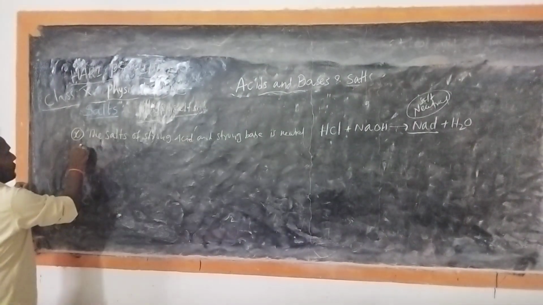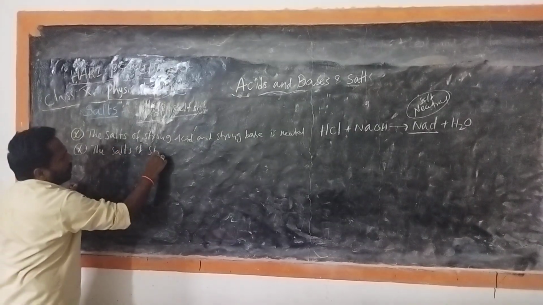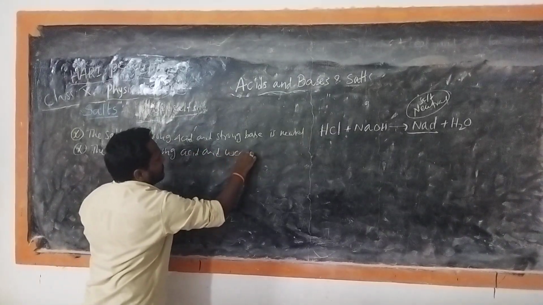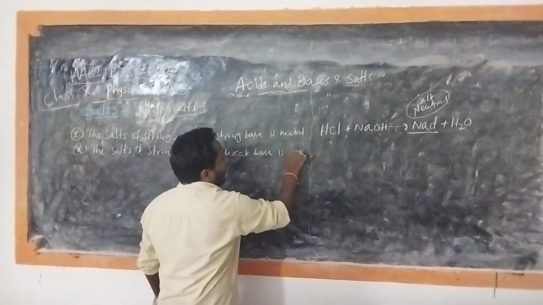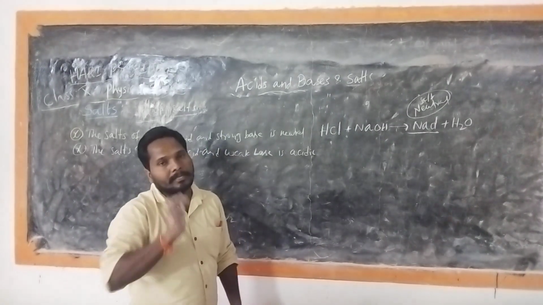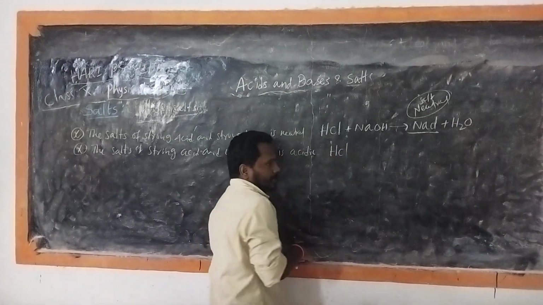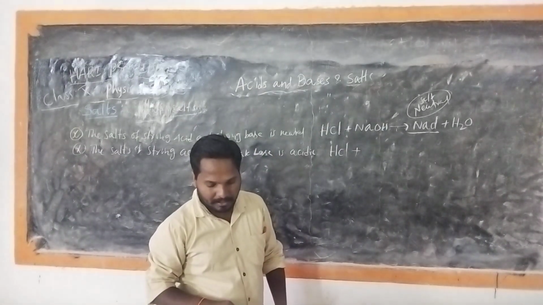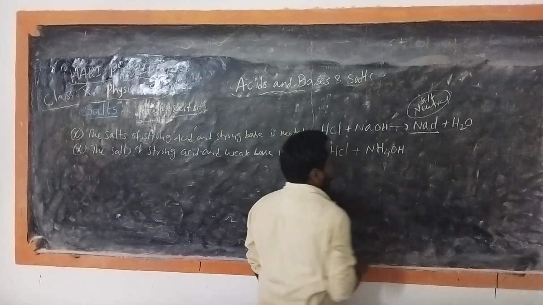Right. Next one, the salts of strong acid and weak base. The salts of strong acid and weak base are acidic. Examples: hydrochloric acid HCl plus ammonium hydroxide.